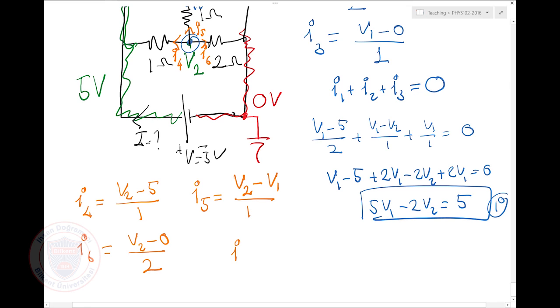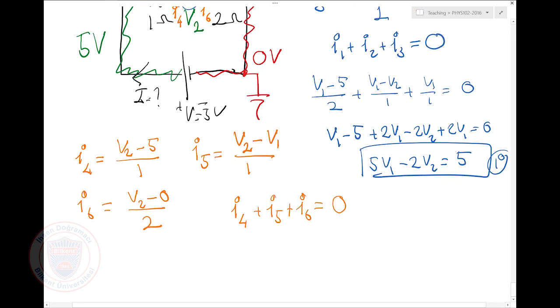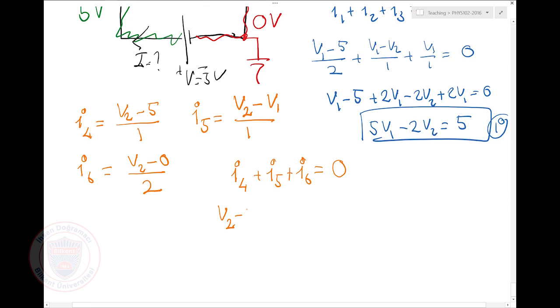And again, Kirchhoff tells me that if I sum the currents going out of this node, it will give me just 0. So let's write all the things. V2 minus 5 plus V2 minus V1 plus V2 divided by 2 is 0.